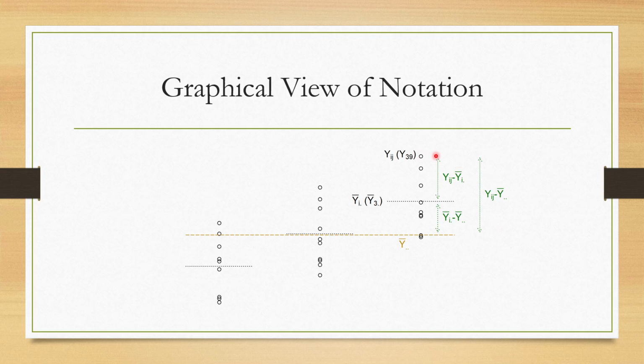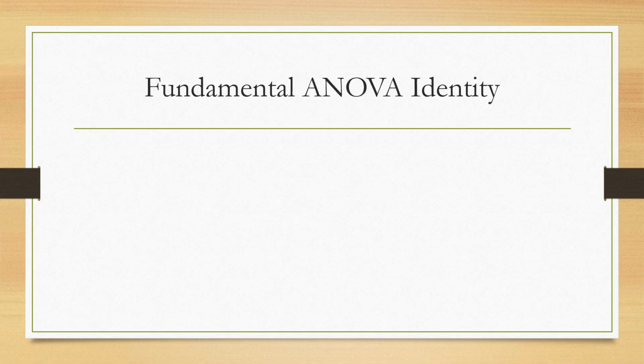So we had the total data movement, the total distance between the data and our gold bar. So what we're saying is that the total amount of movement between the data and the gold bar can be broken down into two pieces: the movement between the data and the group mean, and the movement between the group mean and the gold bar, and that these add up to this total amount of data movement. So that's the graphical view of what's going on behind our notation here.